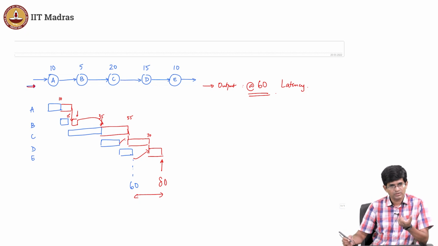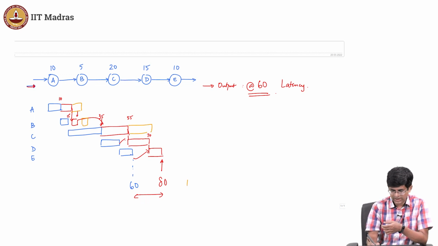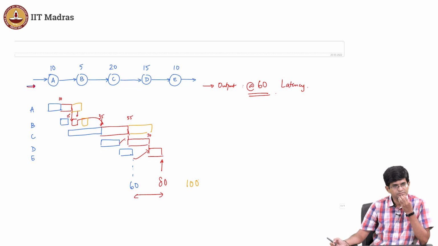Why do you see this? If I continue and put in one more parameter out here, I'll find that the same thing happens. This next one also needs to follow the same pattern, and I can say for sure that this is going to finish at 100.